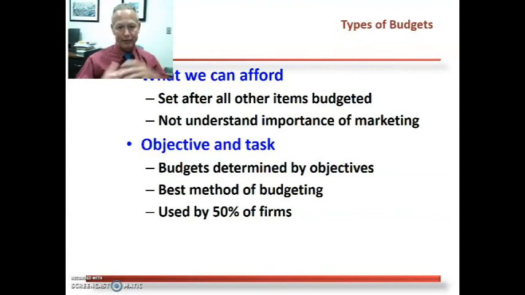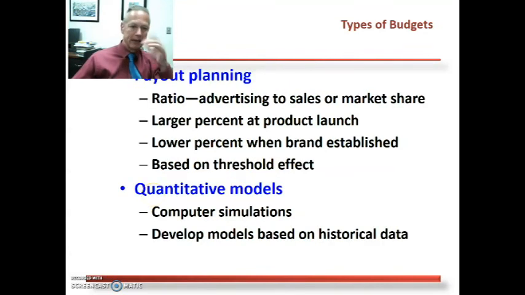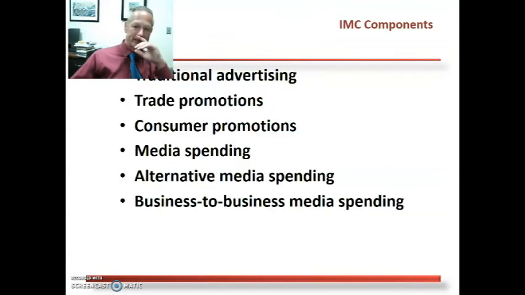Because they bring out a new product all the time for Christmas. They make good Christmas gifts. People buy them for Christmas gifts, and that's where their budget is. So a lot of people will do it based on objective and task. Payout planning and quantitative models are really modeling what the payout is versus what the cost is and how much the return on investment is once you get through the threshold effects, etc.